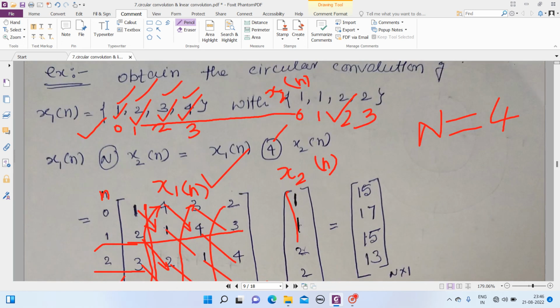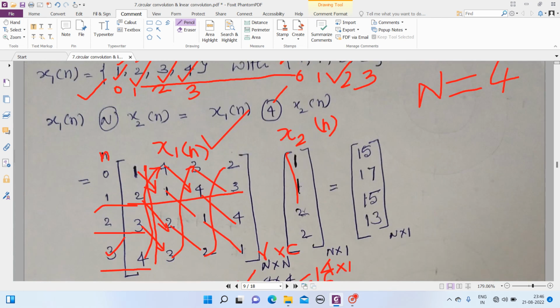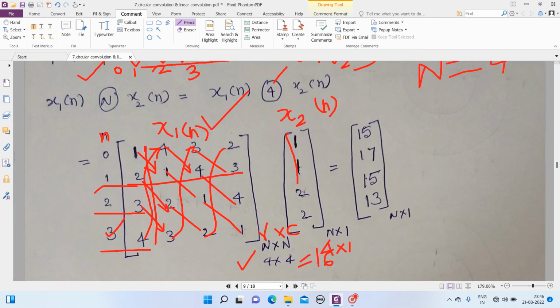See here, this is the x2 of n sequence: 1, 1, 2, 2. That's all. Now we have to do the multiplication of these two matrices. You know very well how to do matrix multiplication. I will show you how to do the matrix multiplication for this problem.